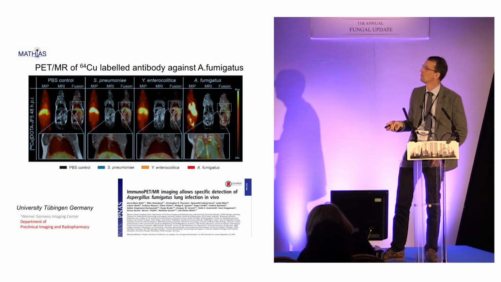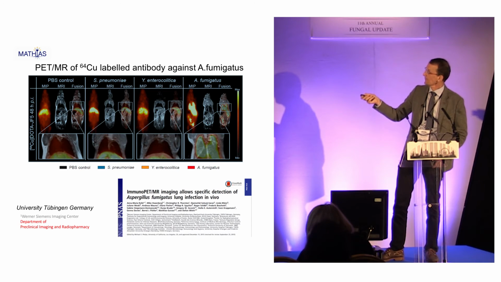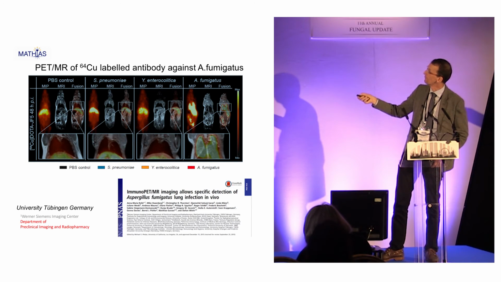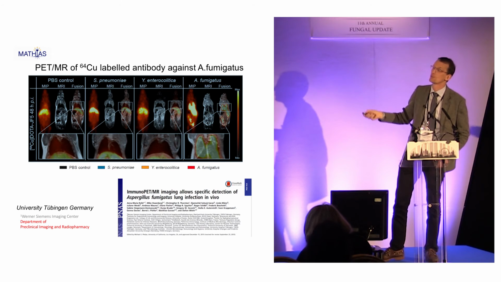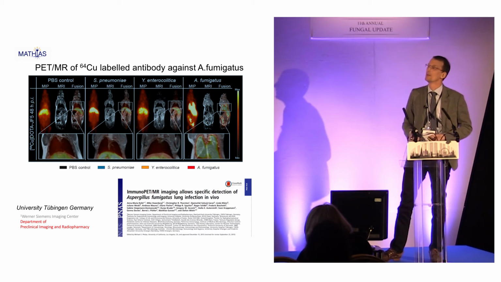That's an even more expensive system to use. But you see here the control, you see bacterial infection, and here the fumigatus, and only the Aspergillus fumigatus infection shows an uptake of this radio-labeled antibody.